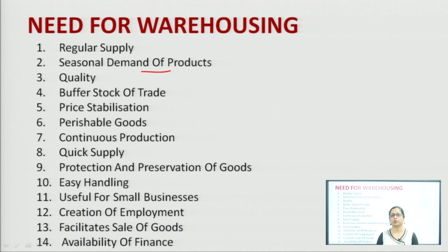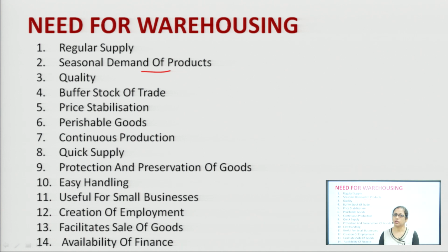Then the need for a warehouse is also there for quality, because there are certain products in which the quality gets enhanced after keeping them for a certain period. That means you cannot consume them just after production. For example, let me take food grains only. There are various kinds of rice, potato and such things which are kept to ripen, or kept for certain other reasons.